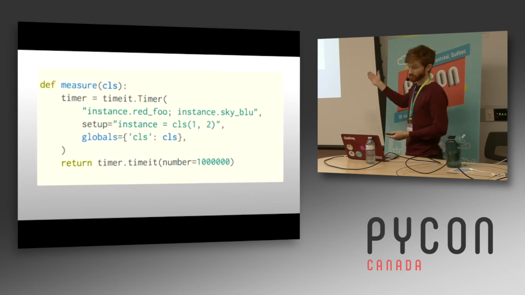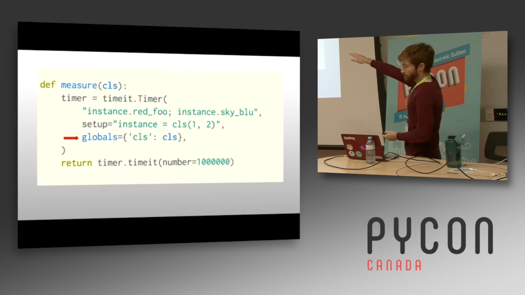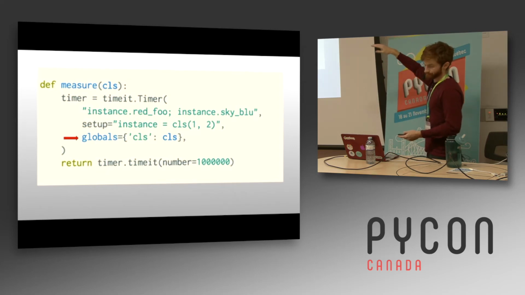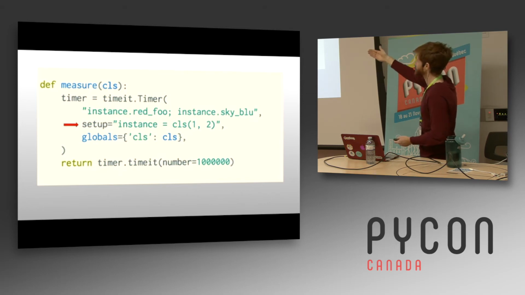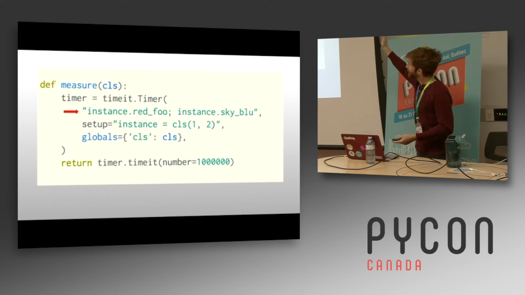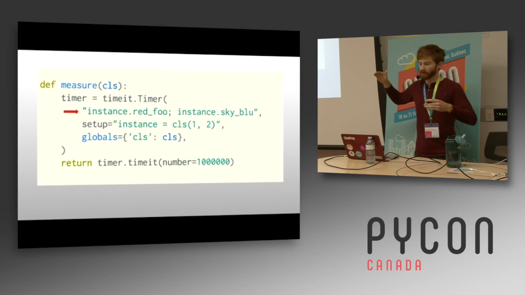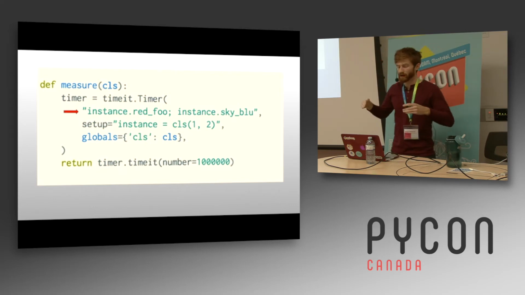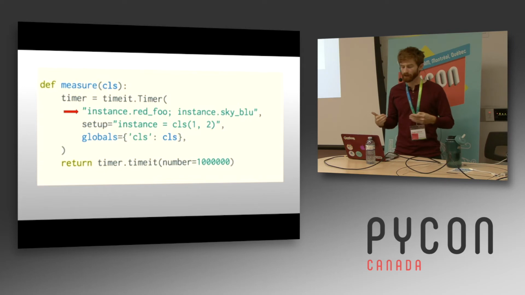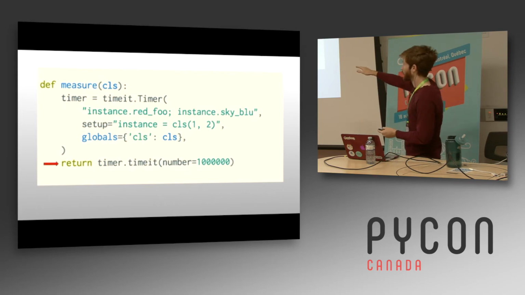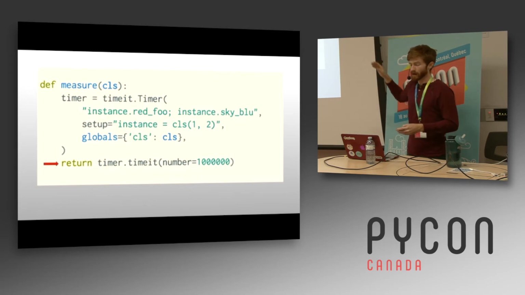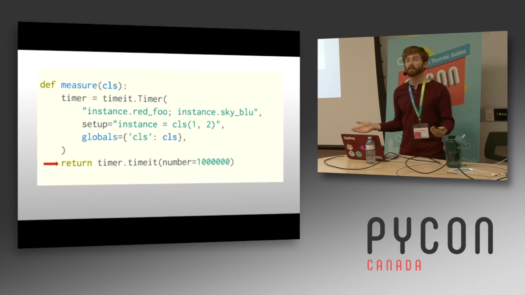This is a different measure function that makes the class under test available in the statements above it, creates an instance of that class, and then this statement is going to be run each iteration of timeit. And the only thing that this statement does is it accesses the attributes of the instance. It doesn't do anything with them. Then we run that statement 1,000,000 times and return the total amount of time that it took.